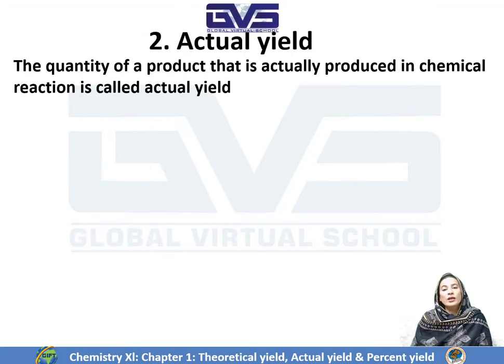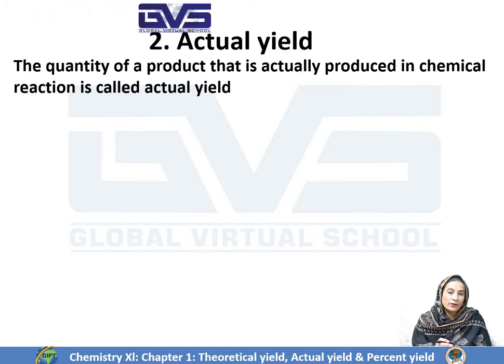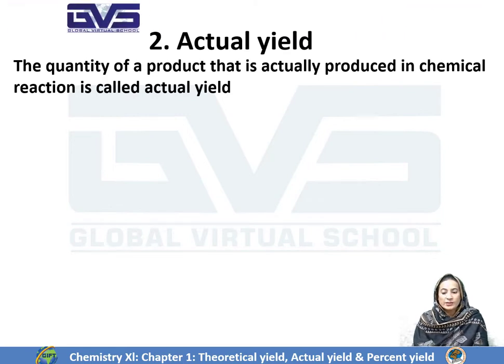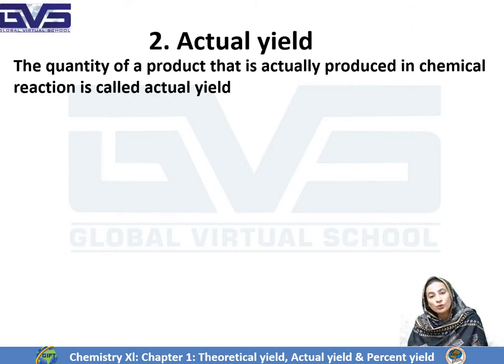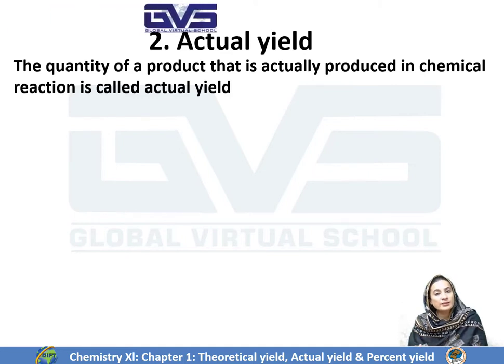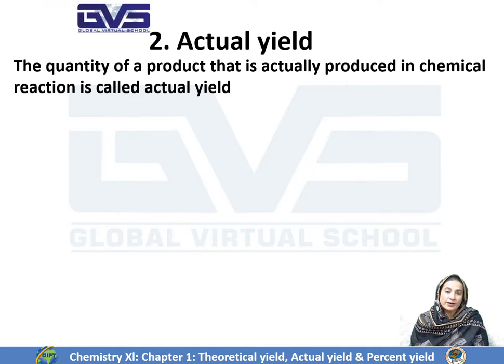Now if you actually perform the experiment for water formation, you have 2 moles of hydrogen, 1 mole of oxygen, you go into the lab and perform the experiment and you get the water. That mass you obtain in your hand, this is actual. So the yield that is obtained by actually performing an experiment is the actual yield, that is the experimental yield.